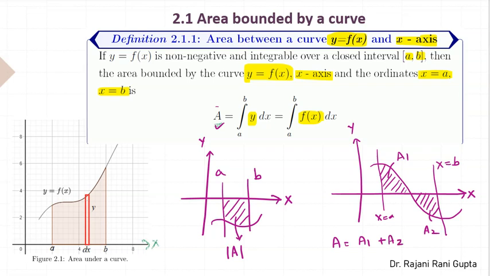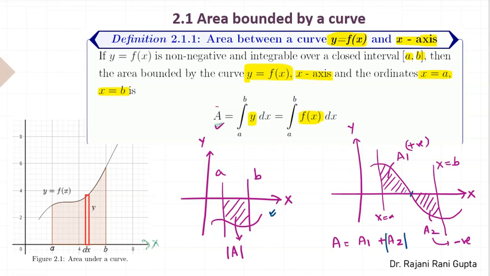But as you see, area A1 lies above the x-axis, so it is positive, and you take the positive value. Whereas area A2 lies below the x-axis, which is negative. And as I said, we cannot have a negative area. So in this case it is similar to the previous one, and you have to take the modulus of the second area.